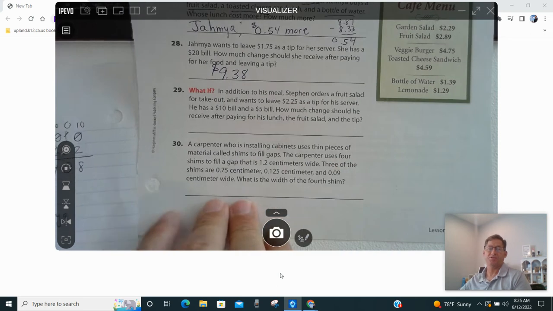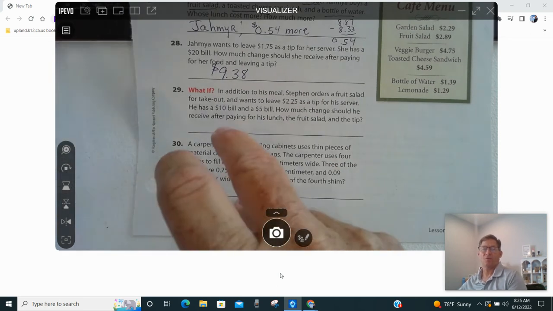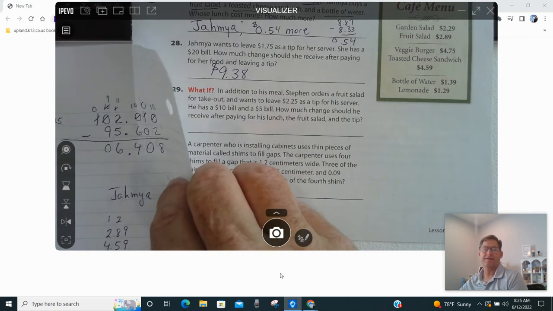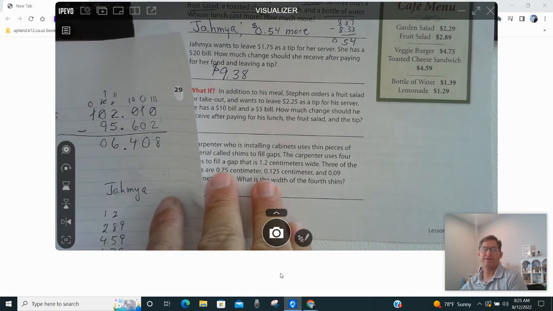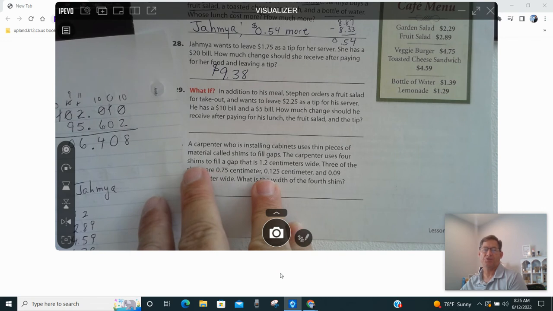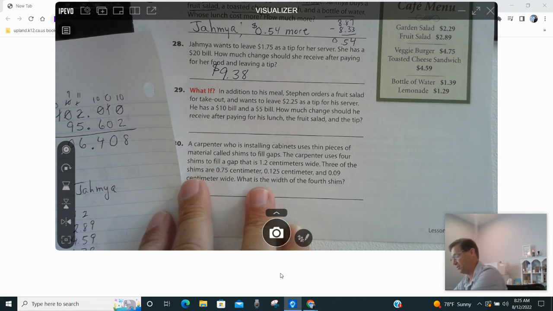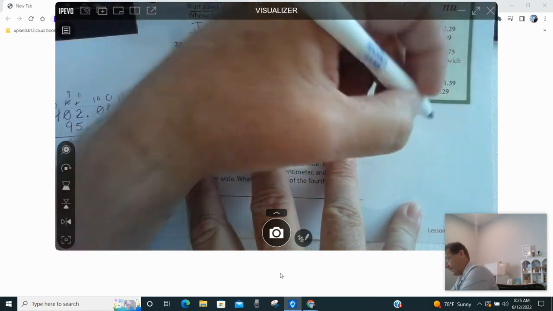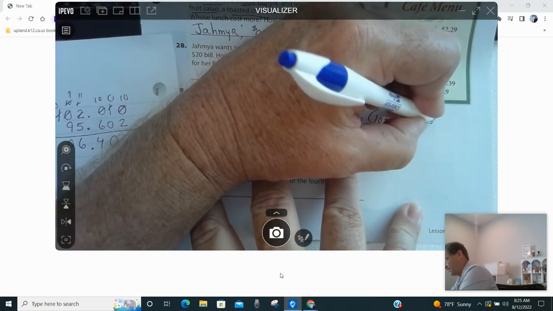29. In addition to his meal, Stefan orders a fruit salad for takeout and wants to leave $2.25 as a tip for his server. He has a $10 bill and a $5 bill. How much change should he receive after paying for his lunch? So 10 plus 5 minus his lunch cost, $8.33.